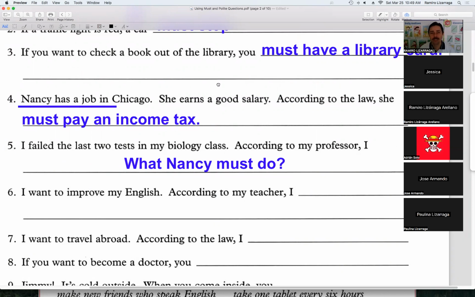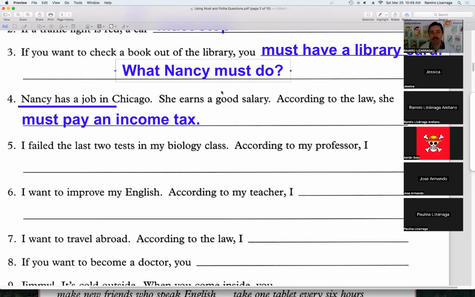Y por ahí les voy a ir metiendo preguntas, porque en esta actividad no vienen actividades específicas para preguntas. Pero yo siempre les he enseñado, si hay una oración, hay una pregunta, porque a esa oración se le puede hacer una pregunta.